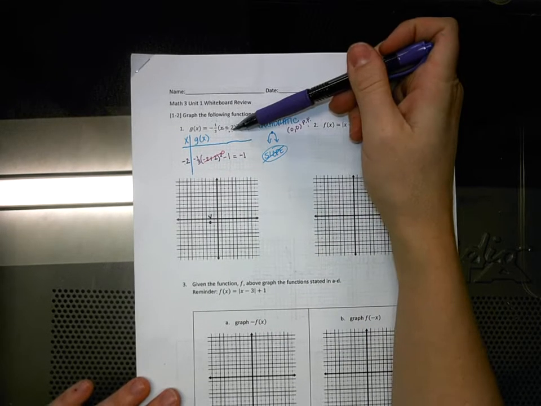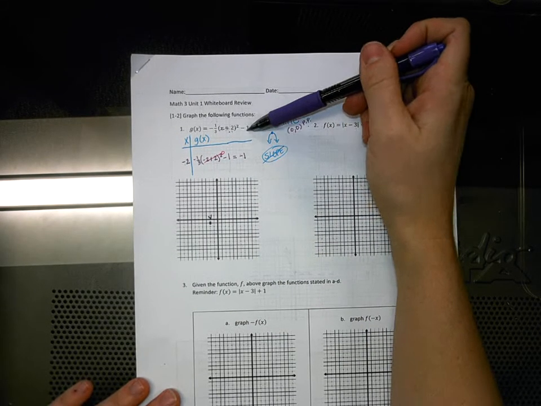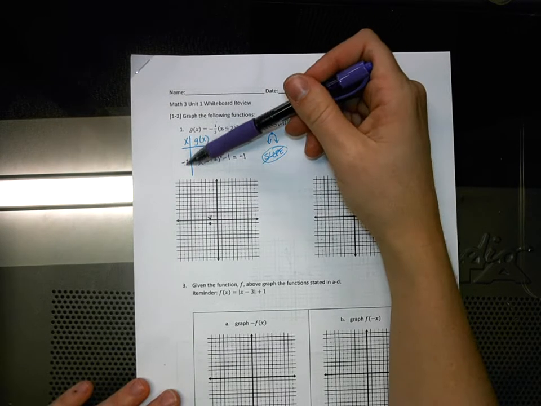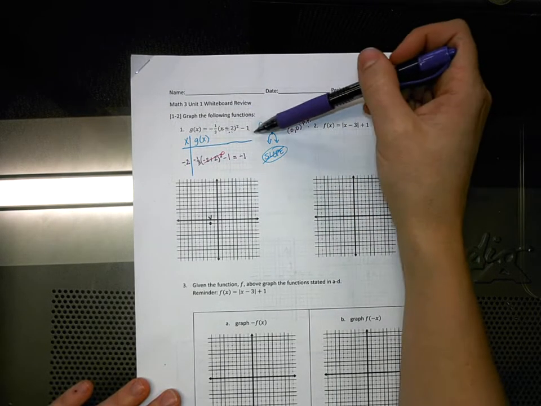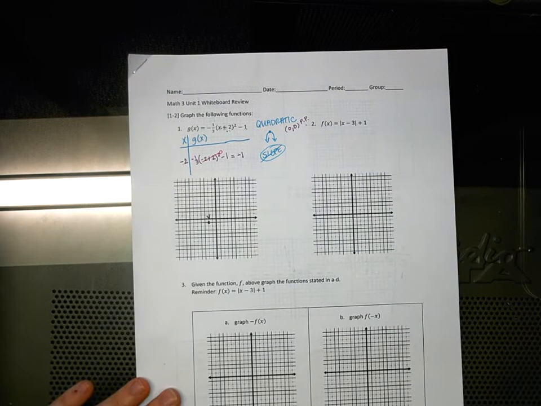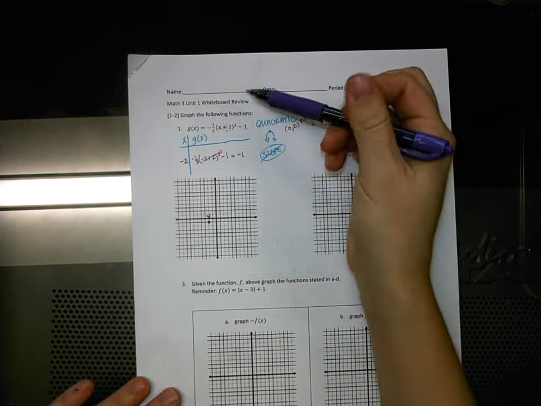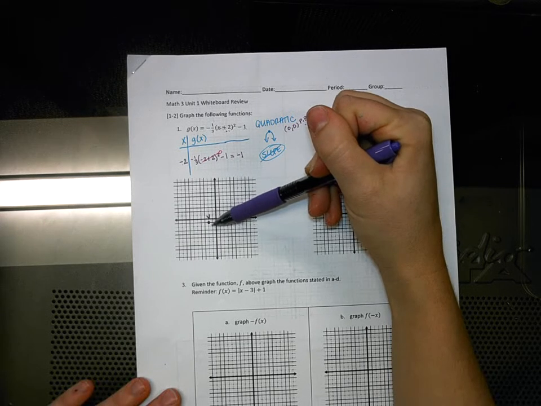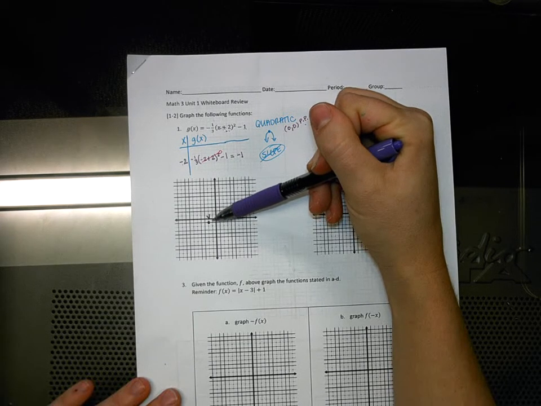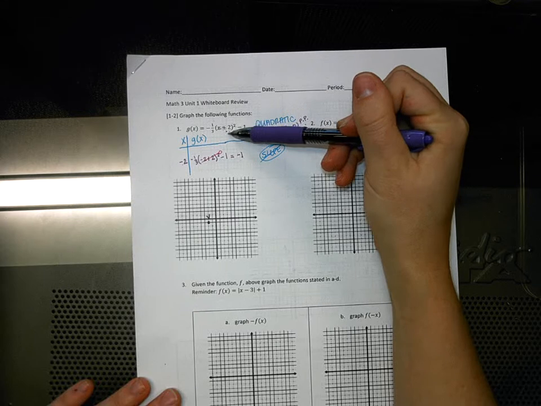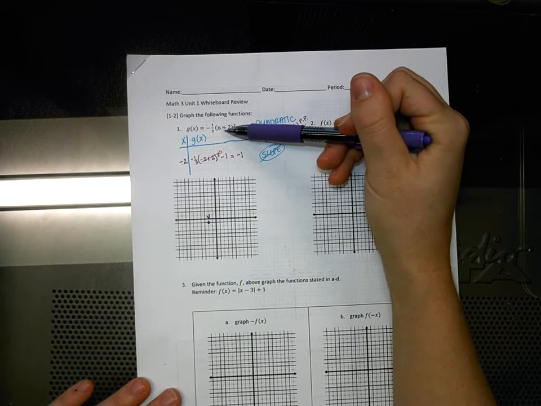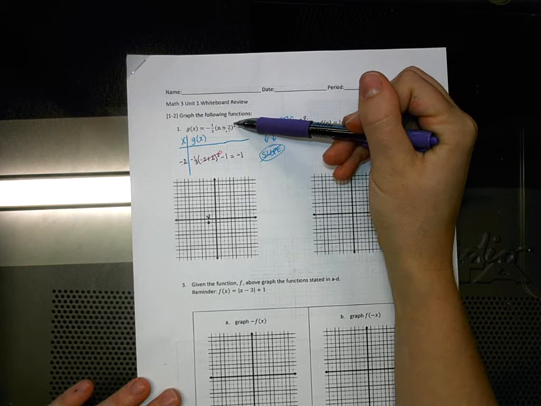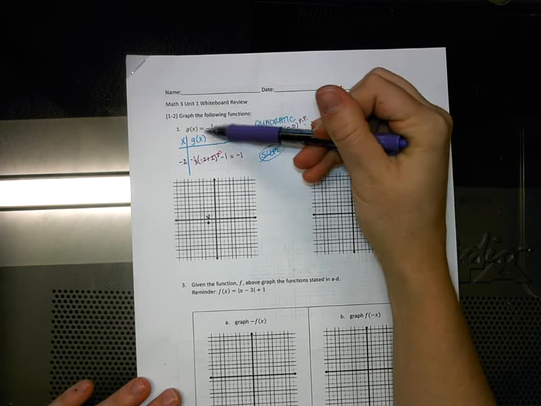You can just use your translation, left 2, down 1, to plot that point, but for the next point, you need to plug in an x value that will work well to solve. So I could plug in -1, because it's right next to my vertex, but if I do that, I'm going to get -1 plus 2, which is +1. 1 squared is 1, and then I'm going to multiply by a fraction.